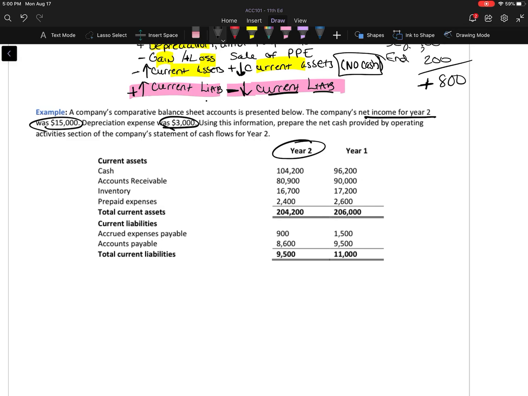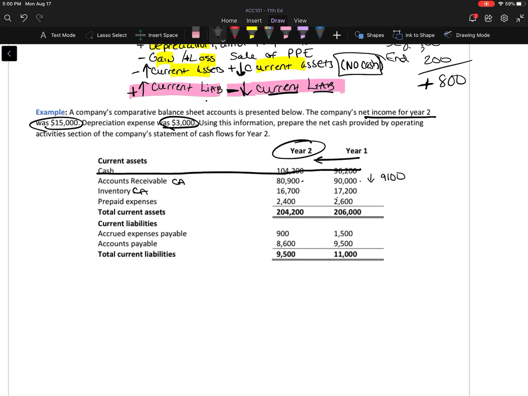All right, the first thing that I like you to do when you look at these is just add up your increases and decreases. The thing about financial statements is they read from left to right rather than right to left. So I like to look at each line by line and see how much the account changed, not including cash, that first one. So accounts receivable went from $90,000 down to $80,900.